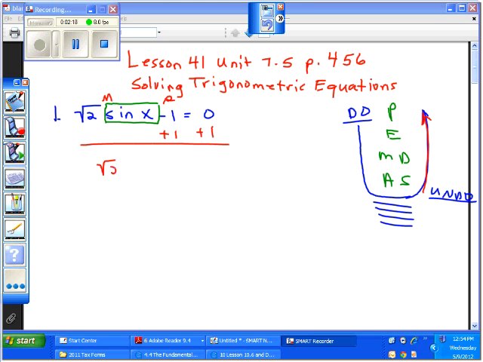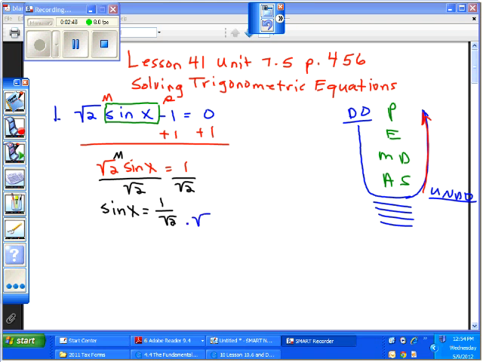And so we would have square root 2 sine x is equal to 1. We're isolating sine x. Now we need to undo multiplication by division, so we'll divide both sides by square root 2, and we're going to have sine x is equal to 1 over square root 2. But we can't leave a radical in the denominator, so we're going to rationalize.